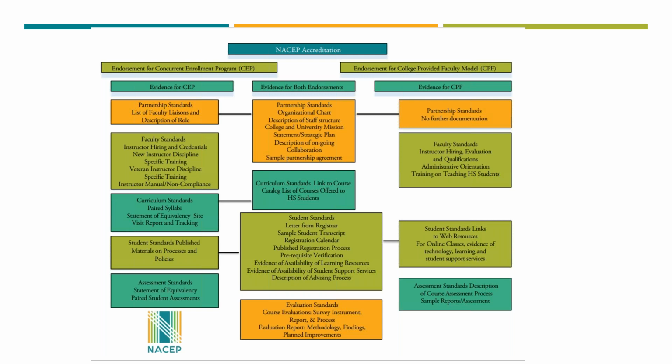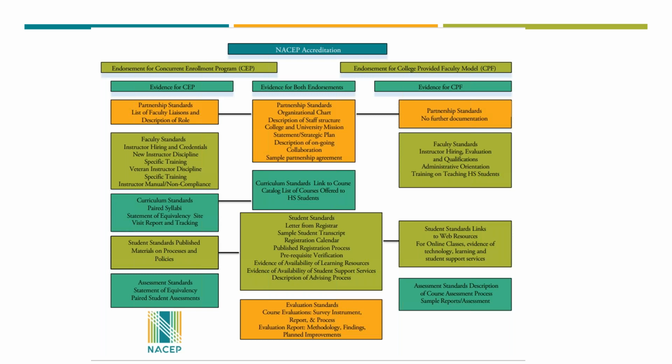S3 and S4 describe the differences between the two endorsement models, the CEP and the CPF, and the reasons for those differences. And F3, a single annual professional development event, can be included if instructors in concurrent enrollment programs and the college provided faculty model participate.